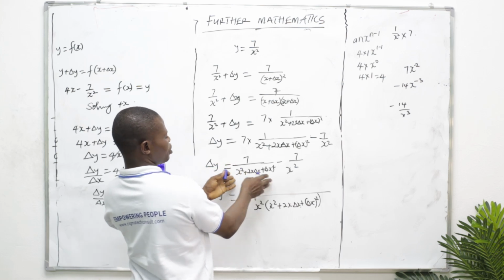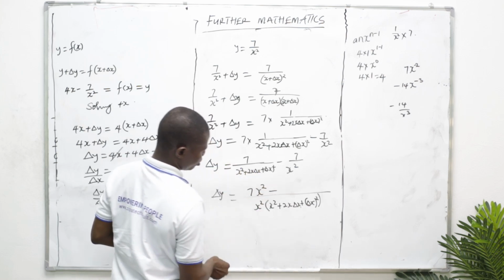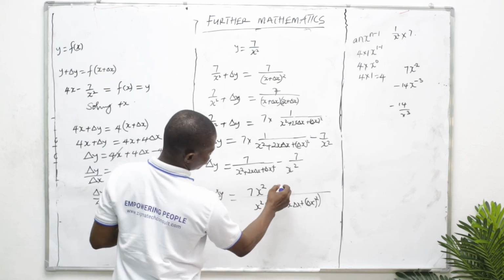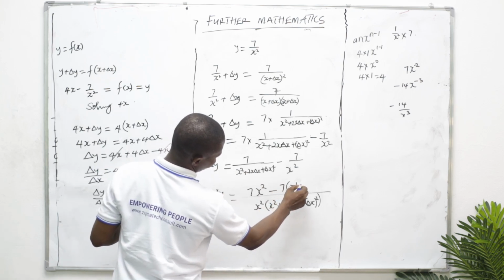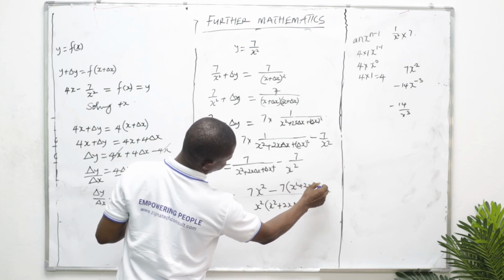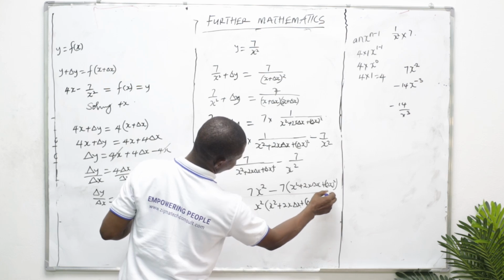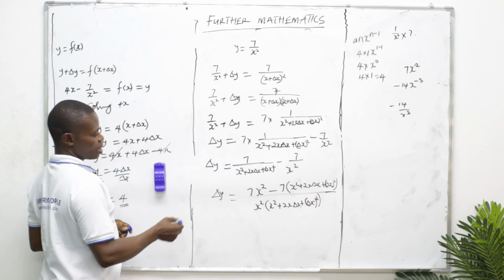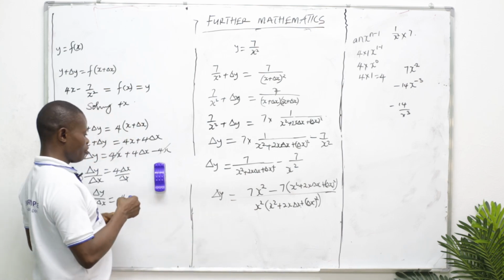So if the whole of this goes, it will remain 7s squared minus, this guy goes 7 into the whole of that: s squared plus 2s changing s plus changing s all squared. Good.